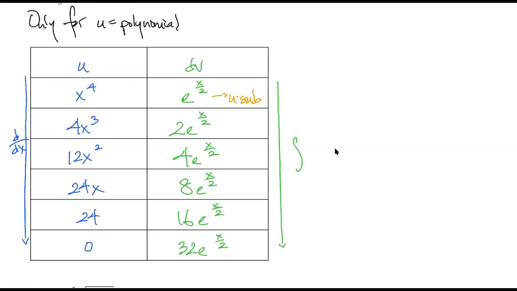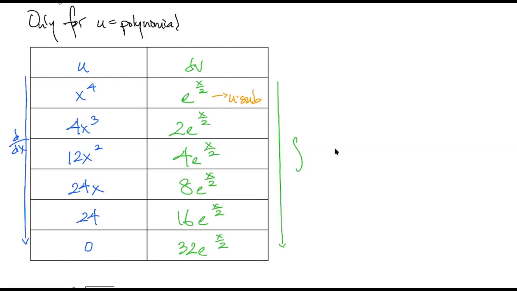Now, the reason why we need to make sure we get all the way to 0 for our u is because that tells us when to stop finding integrals. So we stop with the dv's on the same line where we have the 0 for the u. This was my 0, so I stopped. Now we're gonna connect the u's and the dv's, not straight across, but diagonally.